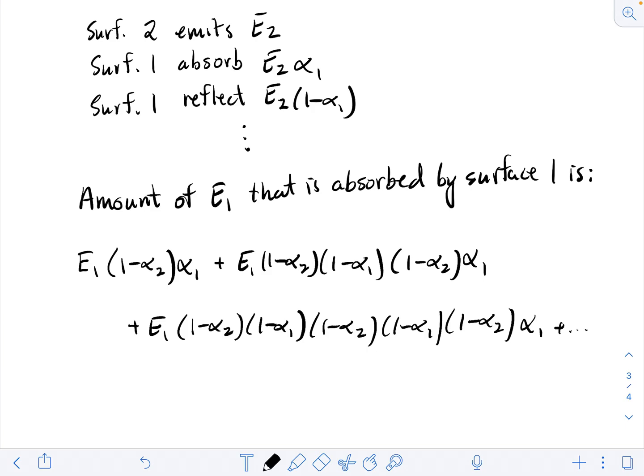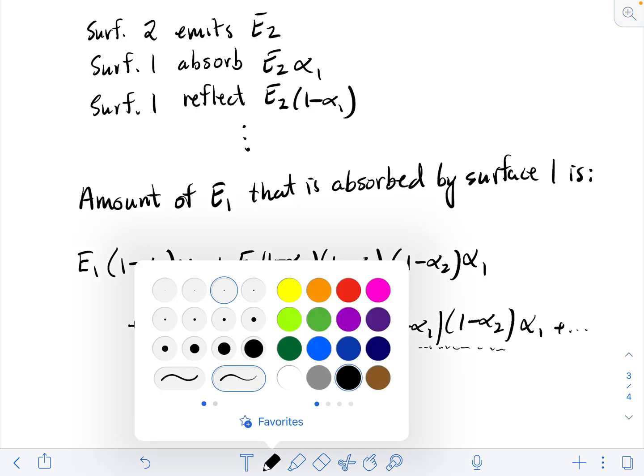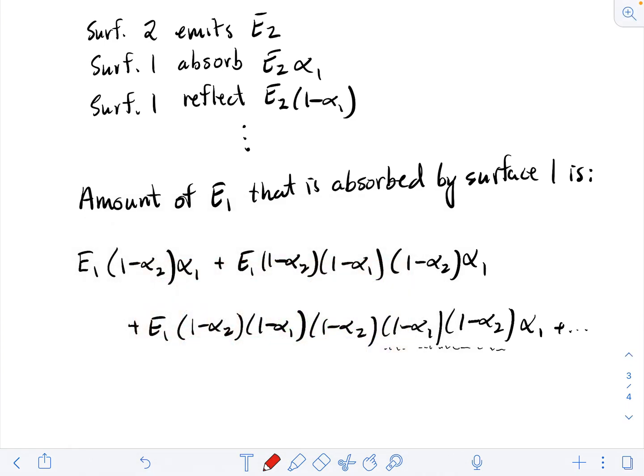And so each time, before it gets back to surface 1, there would have to be a reflection off 1 and a reflection off 2. So every time we add a term, we have to add a 1 minus alpha 1 and a 1 minus alpha 2 factor.